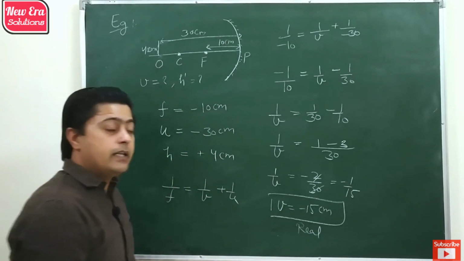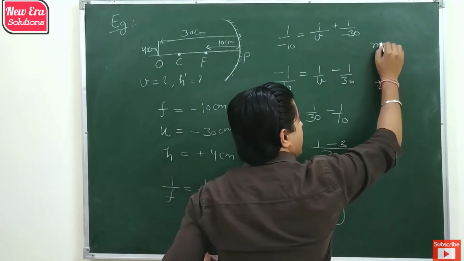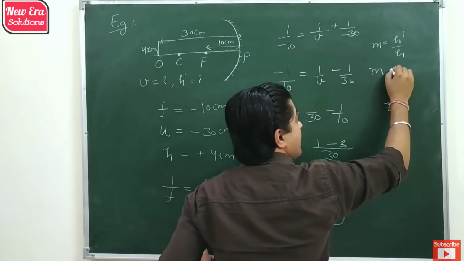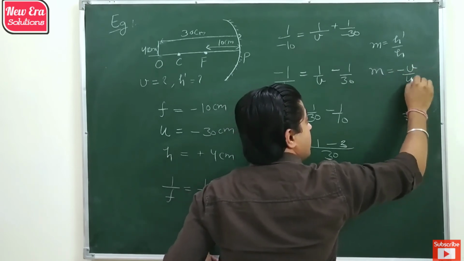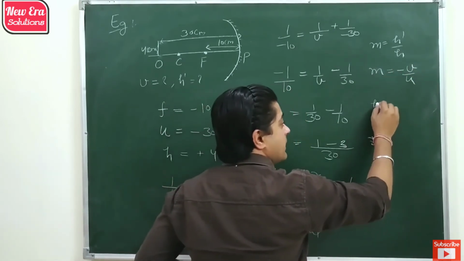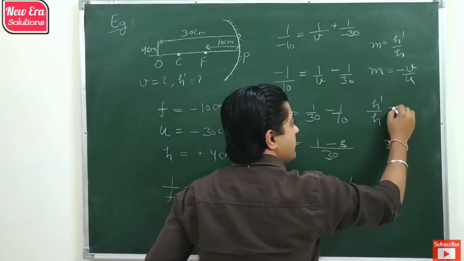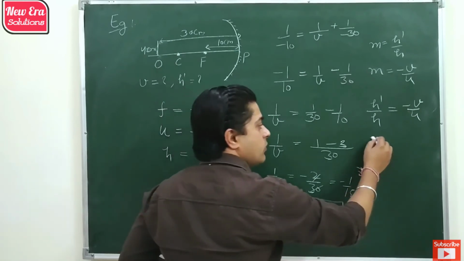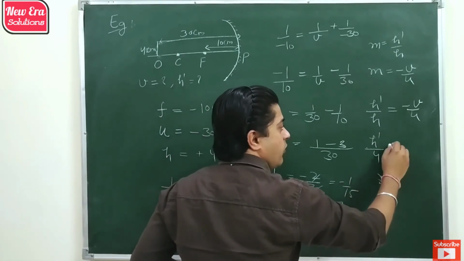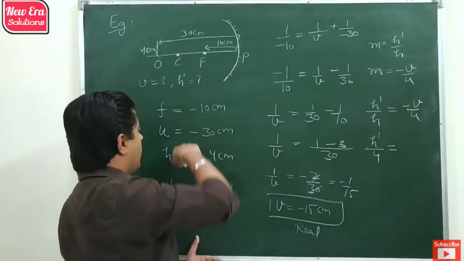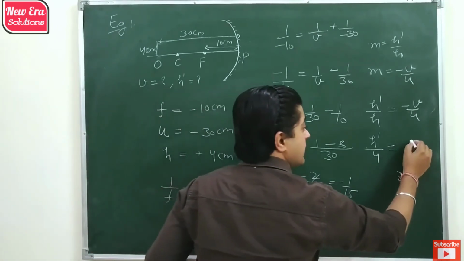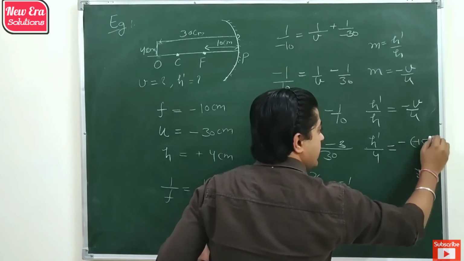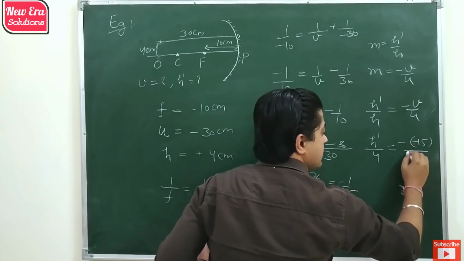Then for the height of image, we have magnification is equal to h dash by h, and we also have magnification minus v by u, and the relation between them is h dash by h is equal to minus v by u. So h dash by 4, which is the height of object, is equal to minus v is minus 15, u is minus 30.